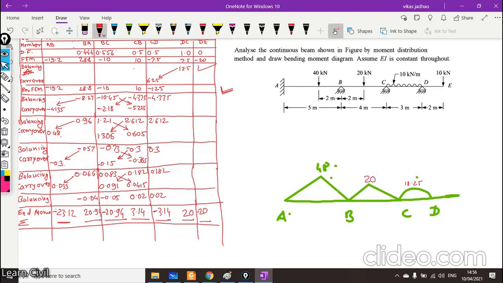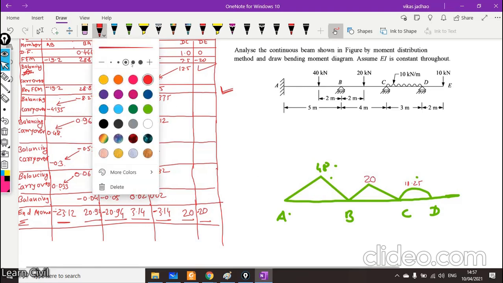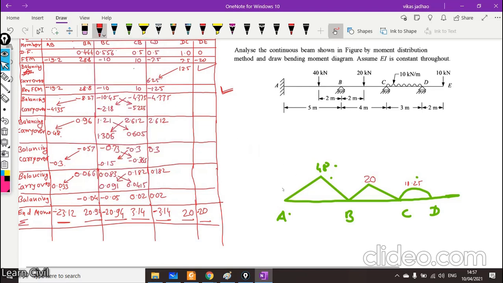This value was 20. Okay, now we'll be having here minus 23.12.